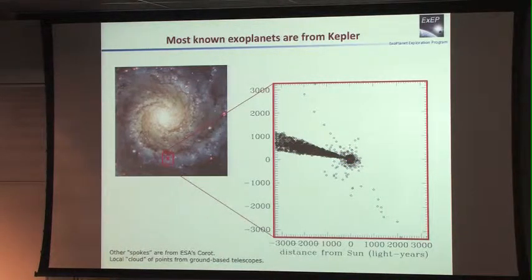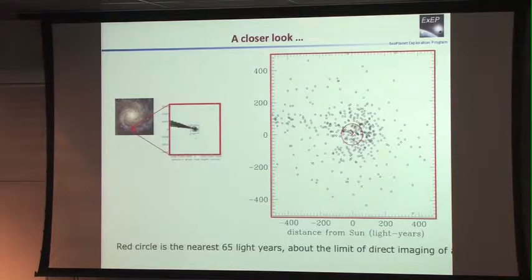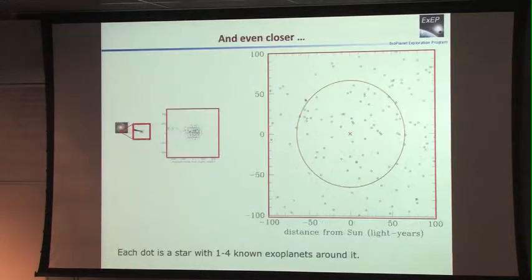These are the ones that have been found by Corot and other spacecraft that are looking in specified directions and waiting for transits to occur. So it's remarkable that there's a whole lot of space that has not been discovered. If you blow that up again, you can see that the neighborhood, which is about a 30 parsec neighborhood, is still down here, and there's a lot of planets even outside of that.